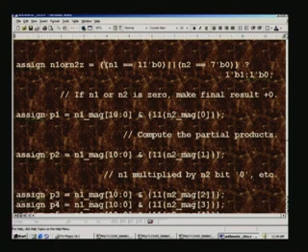Note that all our arithmetic circuits that we have used so far, including this multiplier and adder, will be fixed point arithmetic and not floating point arithmetic, because floating point arithmetic is more complex and would take more chip area, and fixed point is enough for our precision.